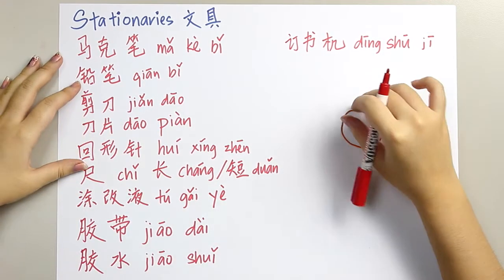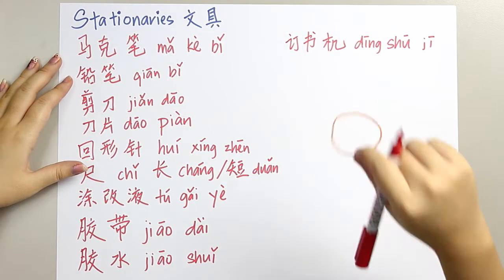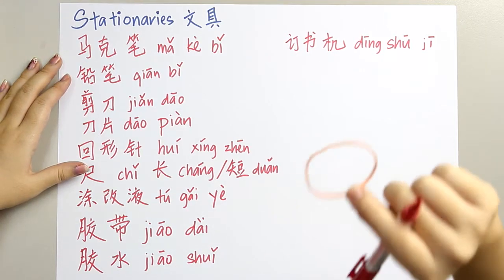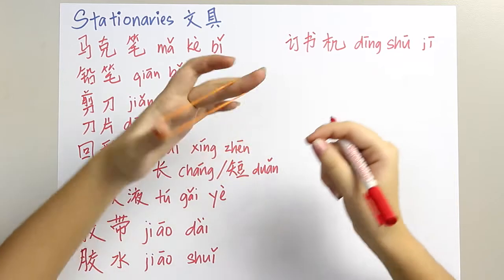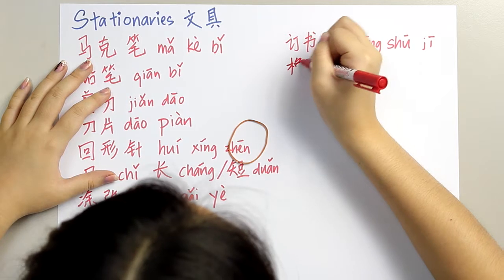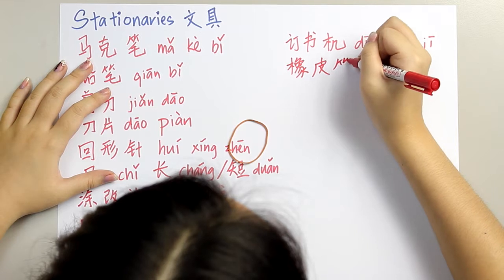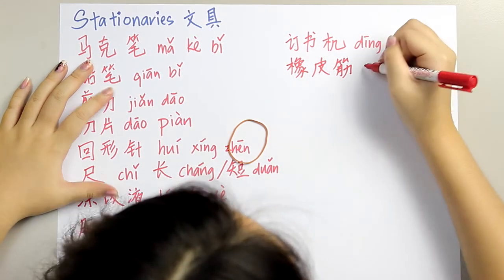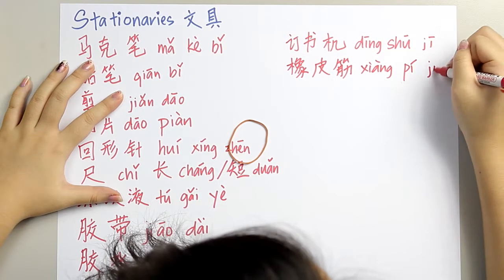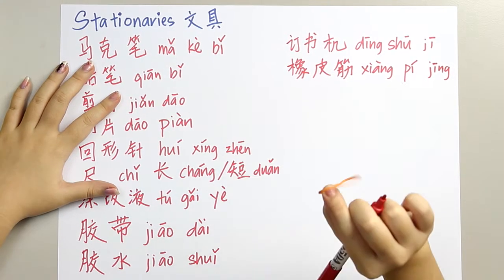This, if you don't want to tie things up and you don't want to staple it up, you can also tie it up with a rubber band. So, rubber band, we call it 橡皮筋. 橡皮筋 in Chinese.